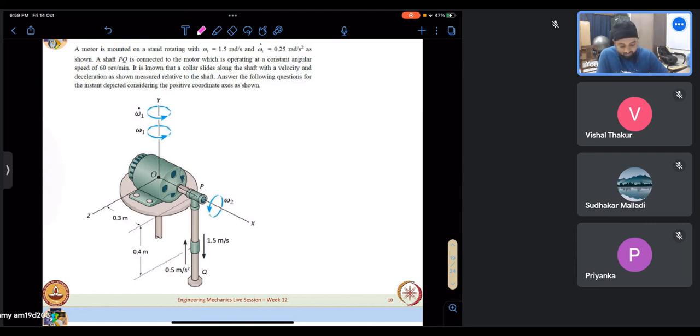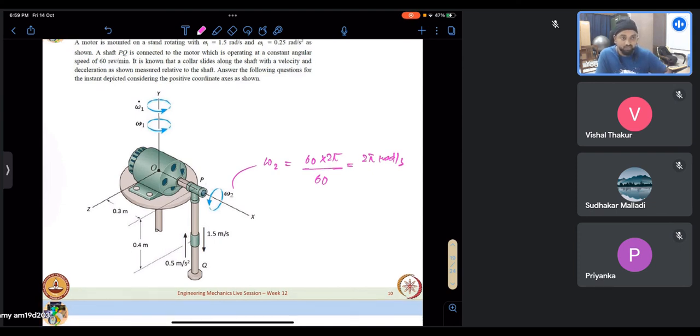A shaft PQ is connected to the motor, which is operating at a constant angular velocity of 60 revolutions per minute in the direction shown. So essentially what this tells us is omega 2 is 60 revolutions per minute. One revolution is 2 pi per minute, so we will get it as 2 pi radians per second, and this is pointing out along the positive axis.